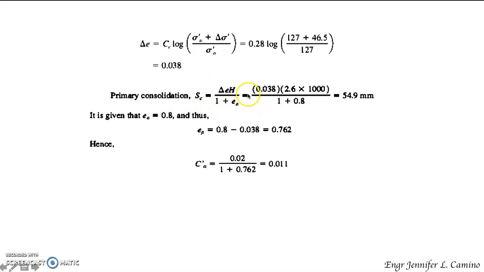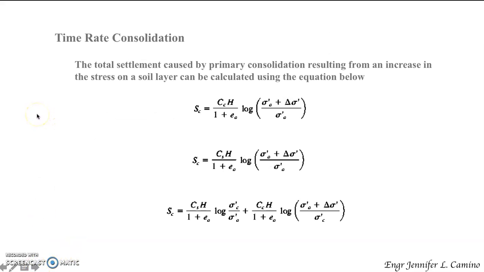We substitute our values for the parameters. It gives us 54.9 mm. It is given that e sub o is 0.8. So therefore, our e sub p is 0.8 minus 0.038, which gives us 0.762. And C sub alpha prime is equal to 0.02 all over 1 plus 0.762, which gives us 0.011.